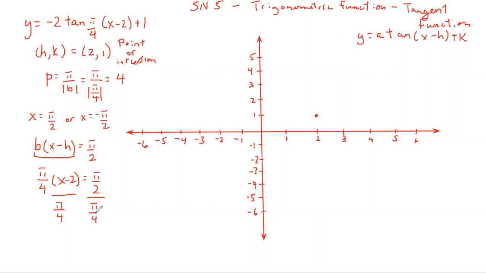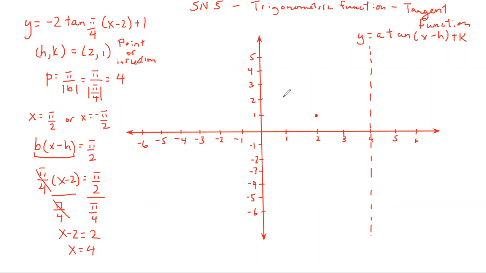If I do a half divided by a quarter, 0.5 divided by 0.25, that gives me 2. So this cancels out. Here you have x minus 2 equals 2, where I now move the 2 over, and I now have x equals 4. And what that means is my asymptote is going to be at 4.